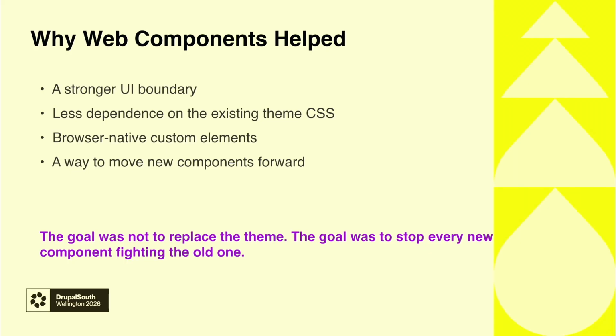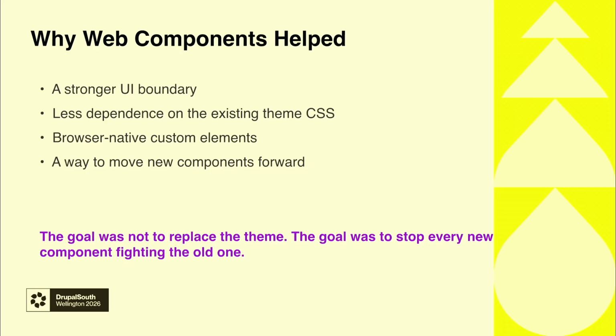At that point in time, I was not trying to rebuild the whole front end. I already had an existing Drupal theme, and it was based on Bootstrap 4. What I really wanted was a clear boundary.